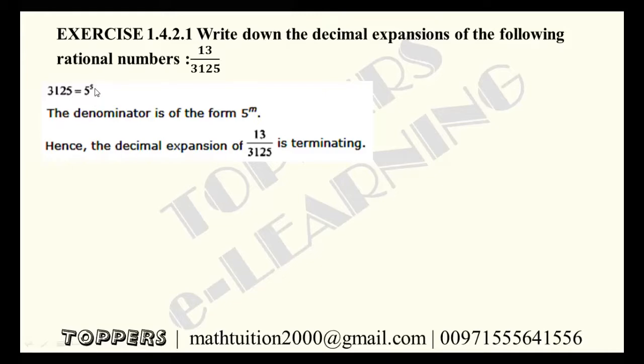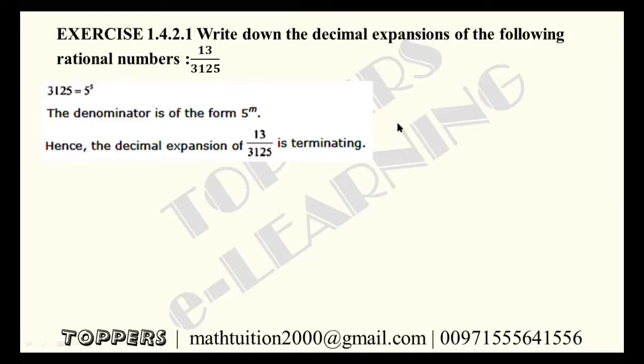So it contains only 5. So it is in the form of 2 raised to m into 5 raised to n. So the decimal expansion is terminating. This fact we are cross-checking by doing our traditional division method.